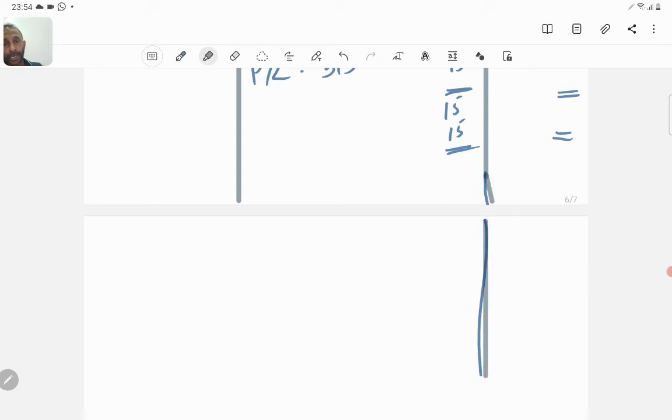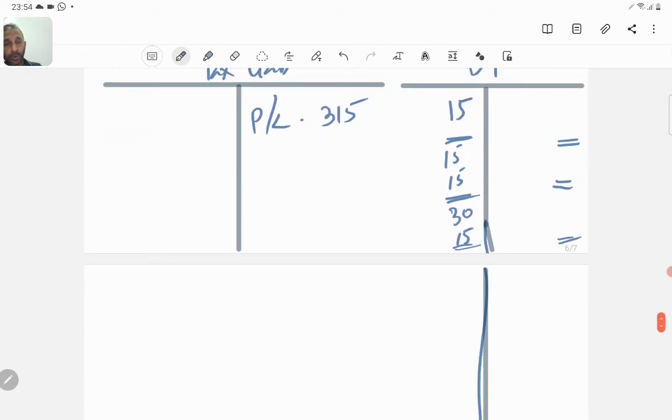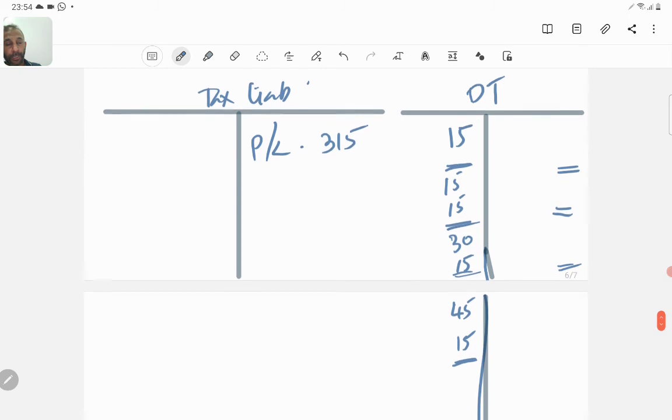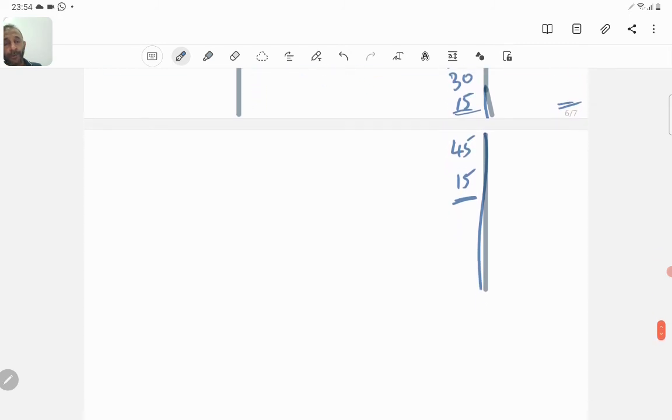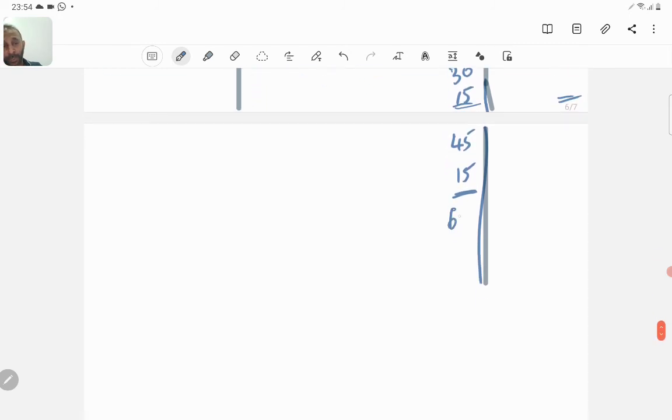Third year again I will have 30 and one more, third year 45, another 15. When you go to the last year, this becomes 60, and we will be crediting the release of this to our P&L. So this will go to P&L.